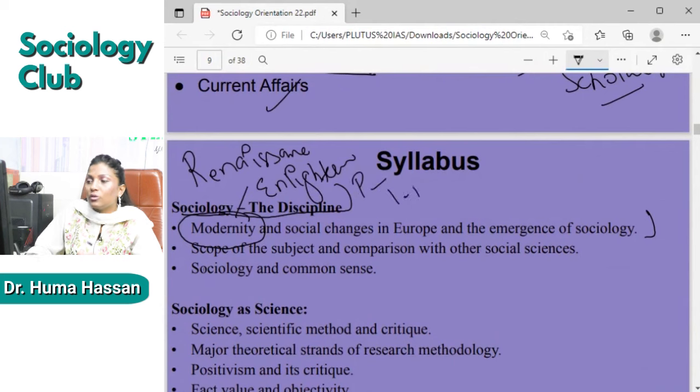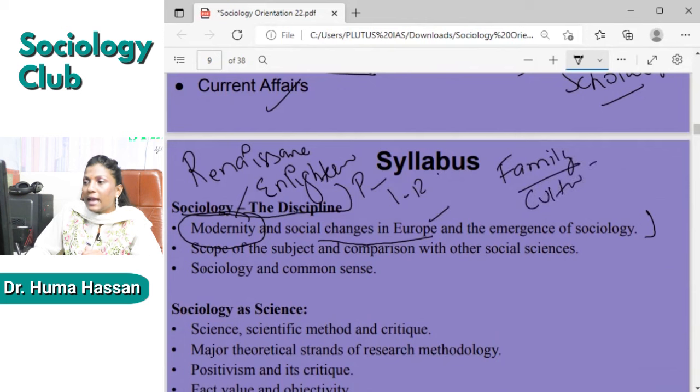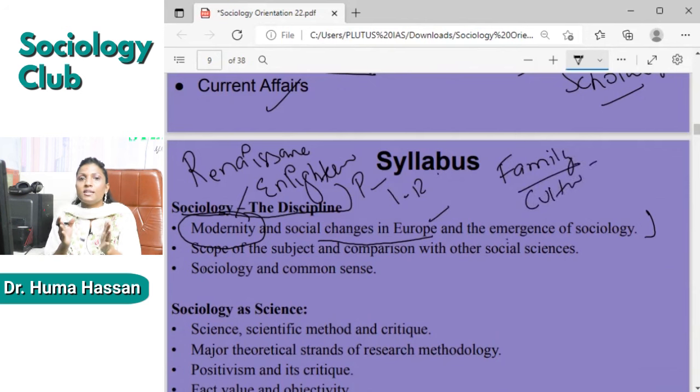Then social changes in Europe. It talks about how family structure got changed, how cultural values got changed, the migration from rural to urban because of employment changes. Modernity came up with the Renaissance, which means rebirth. In the 14th century thinkers started saying that now the church and religion will not decide what we want in our society.